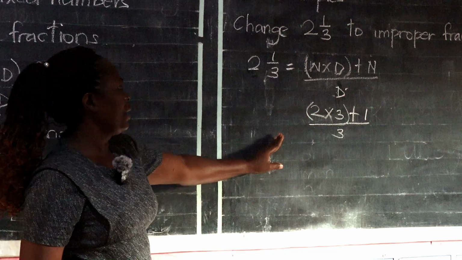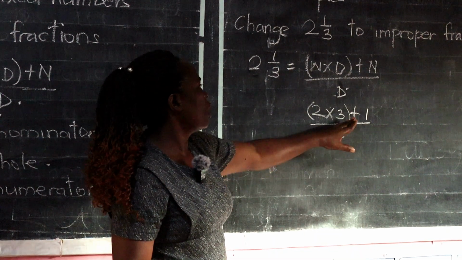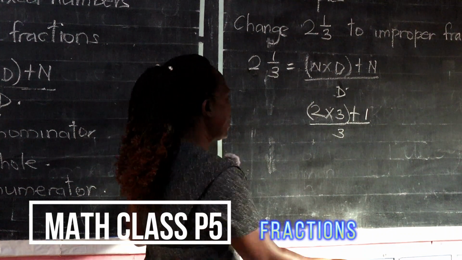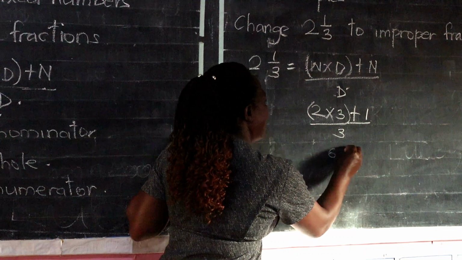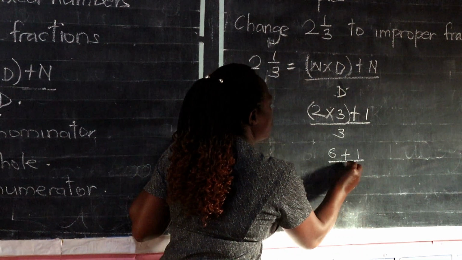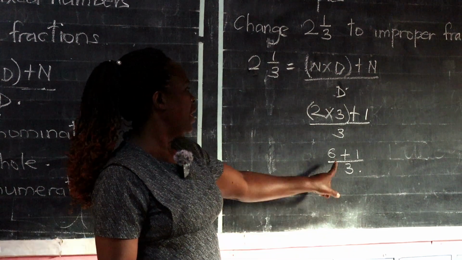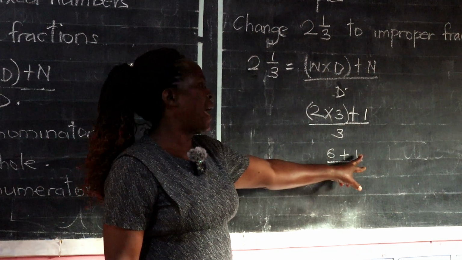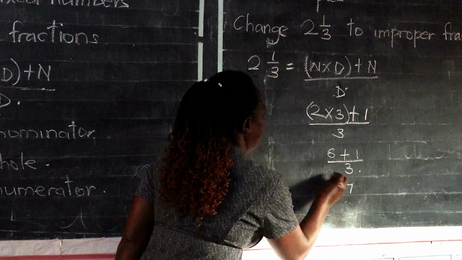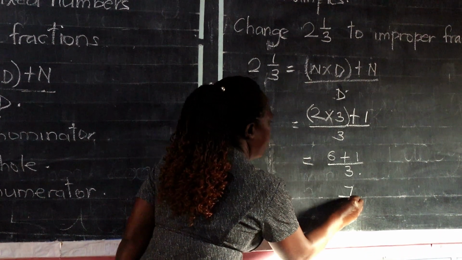The denominator is 3. So when you first multiply, 2 times 3, we get 6 plus 1, the whole thing out of 3. Then we add 6 plus 1, we get 7 out of 3.